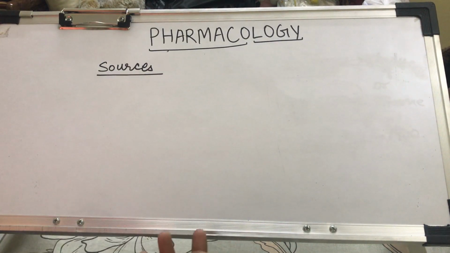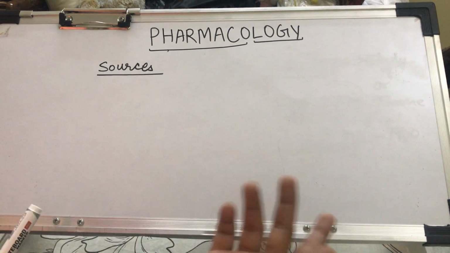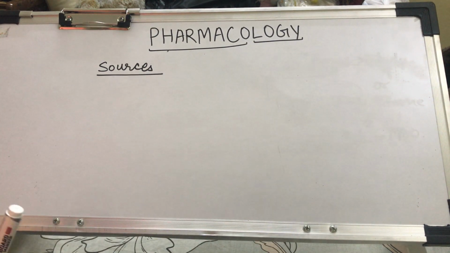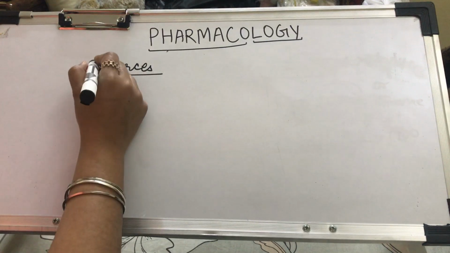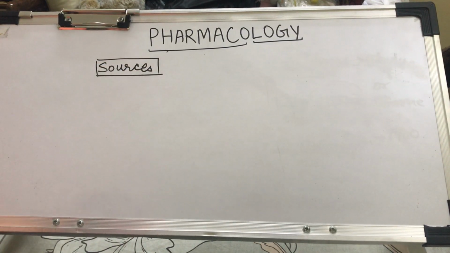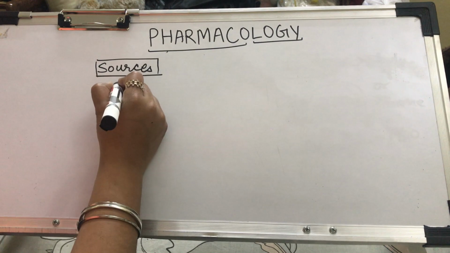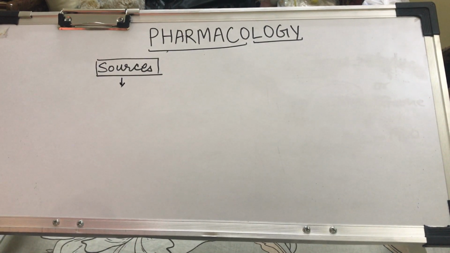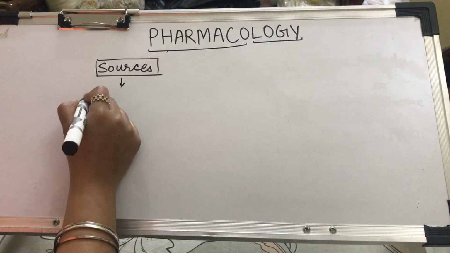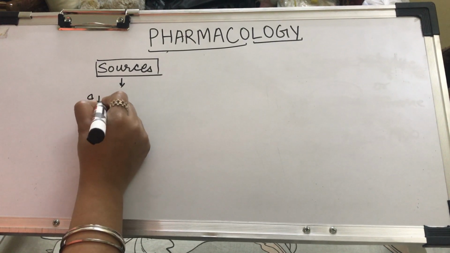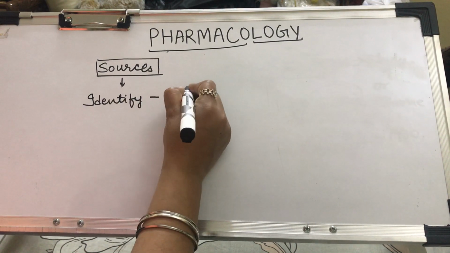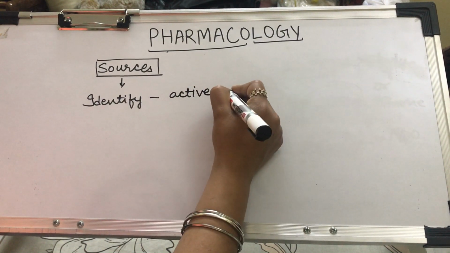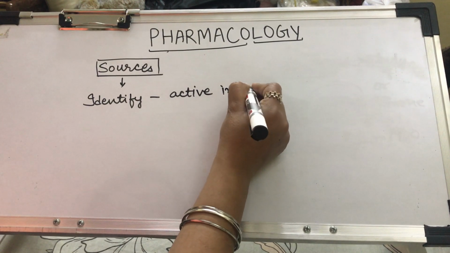Inorganic or mineral substances can be used, and there are synthetic substances which can be produced in the laboratory. Once we have identified the source, we know that this plant is going to give us a certain drug, then what we are going to do next is identify the active ingredient inside that source.